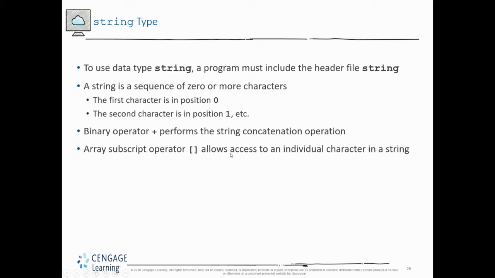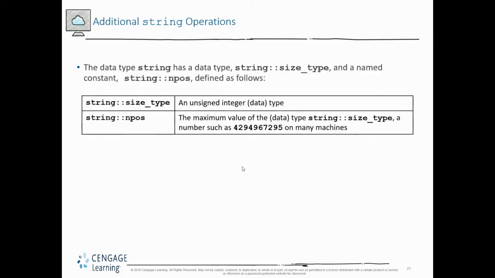But you know that, okay? And then the array subscript operator allows access to the individual characters in a string, meaning again the 0, the 1, the 2, the 3, if we're going to be doing some manipulation on those string values.